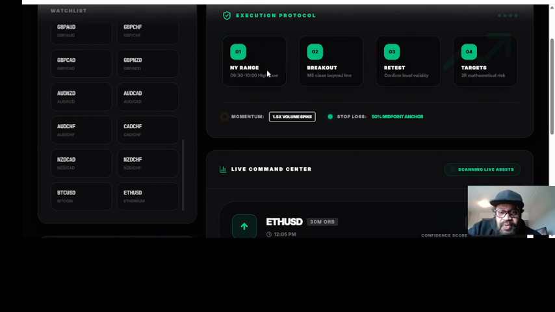All right, so there we go. We have the New York range here. The execution protocol looks for the 9:30 to 10 o'clock high and low. Then for the breakout, it waits for the 5-minute to close beyond the breakout level, and then there's a retest of that level to confirm the validity.